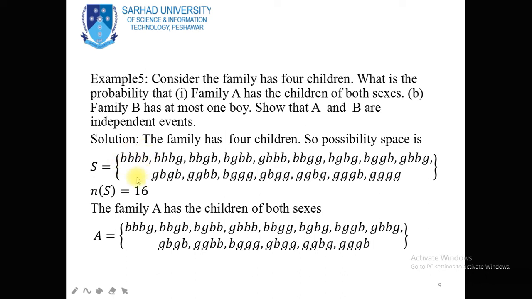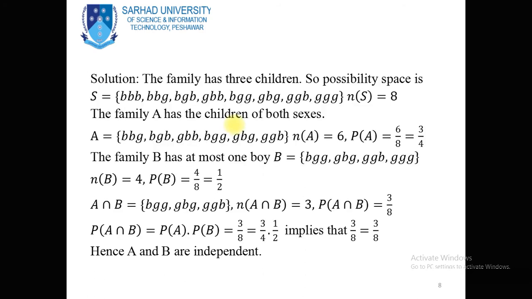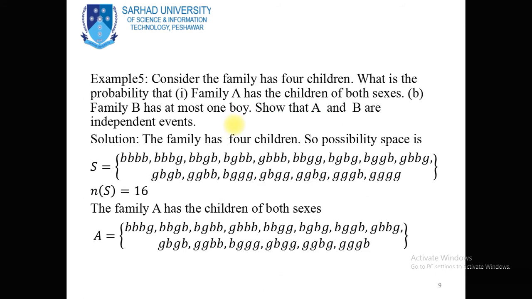This problem is similar to the previous example. In the previous example, we considered a family that has 3 children. In this problem, the family has 4 children. So there is only one difference between example number 4 and example number 5.